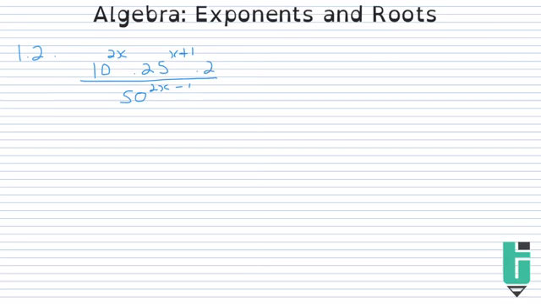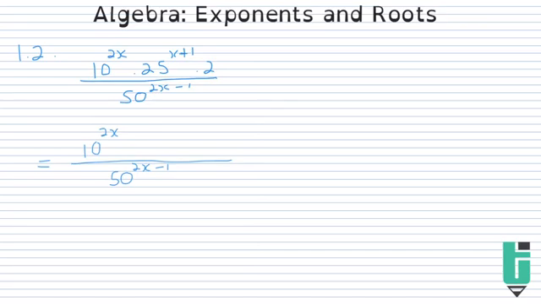If we can find bases for these containing a 2, not necessarily all of them, it just hints at one of the bases you might want to find. We want to break these down into simpler bases. So I'm going to leave 10 to the power 2x for now and 50 to the power 2x minus 1. And you'll see why now.